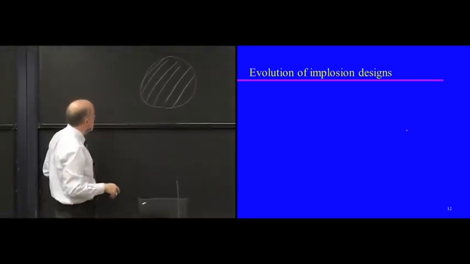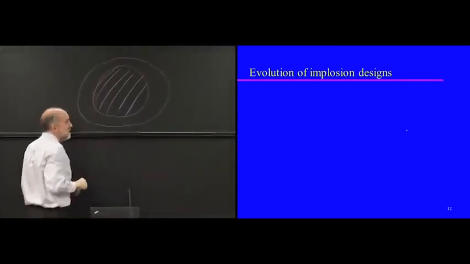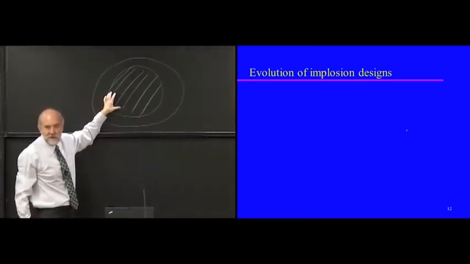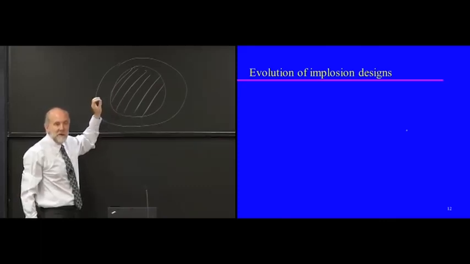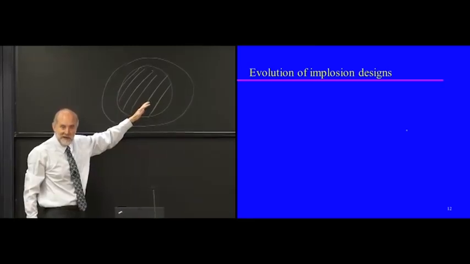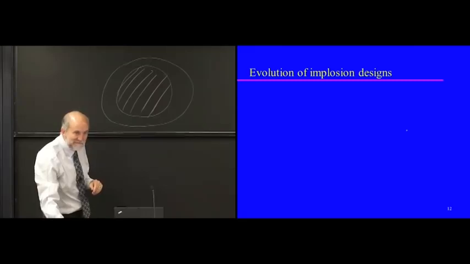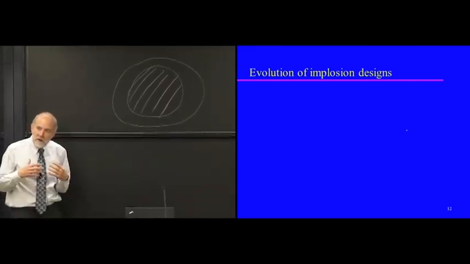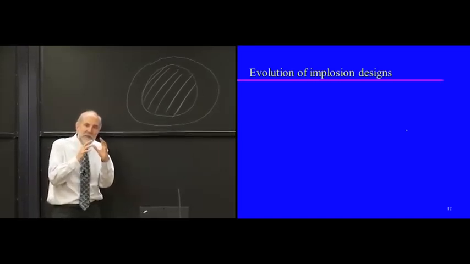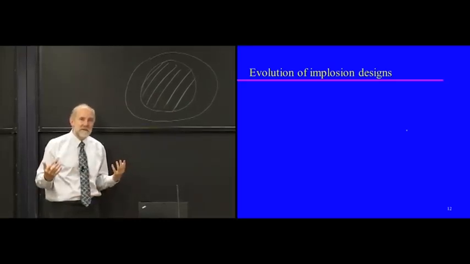And around that, you had some heavy stuff for what's called tamper. So the tamper does 2 things. First of all, it's the neutron reflector, reflecting those neutrons back in, the way I talked about before. But secondly, if you think about it, you would like to figure out a way to keep that material from blowing itself apart for at least a little bit longer.